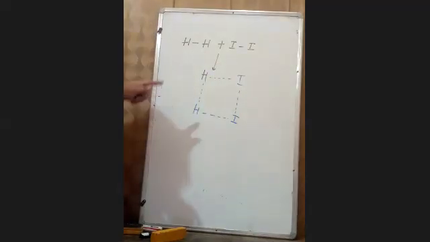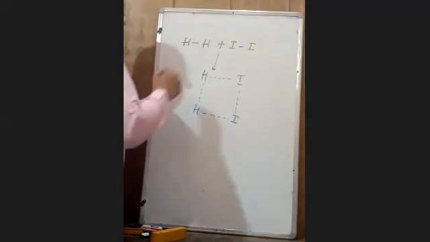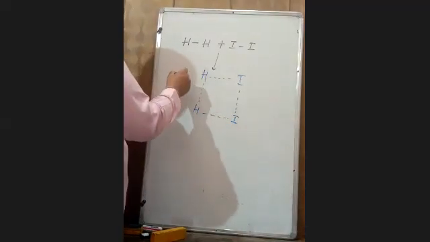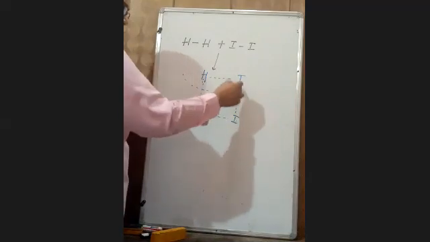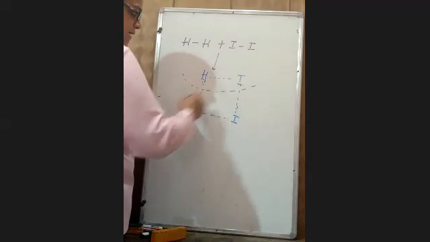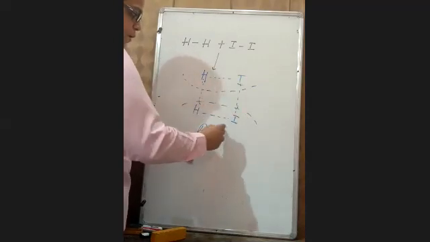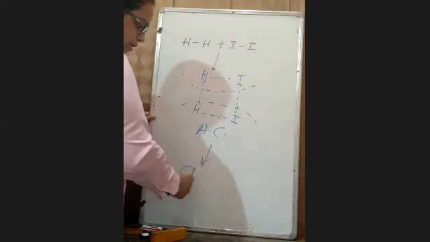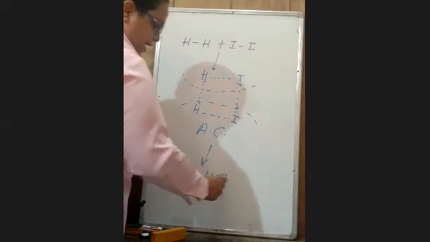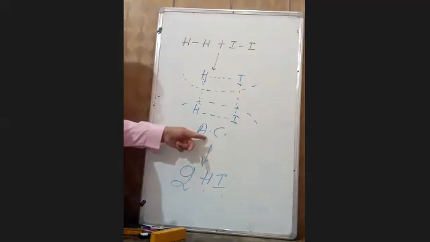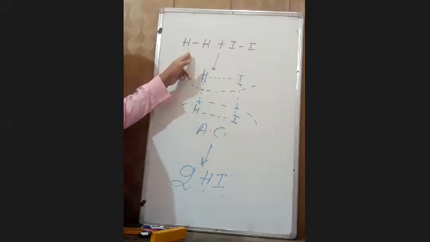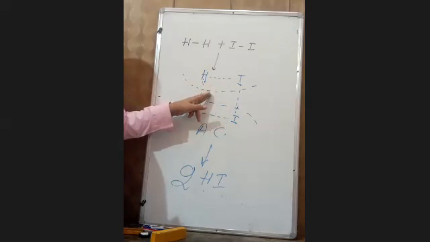First this activated complex is formed. So with the passage of time, this H-H bond completely breaks and this I-I bond completely breaks. This is your activated complex to form two molecules of HI, hydrogen iodide. First they will form the activated complex. I mean, we have to give activation energy to form this molecule. Okay?